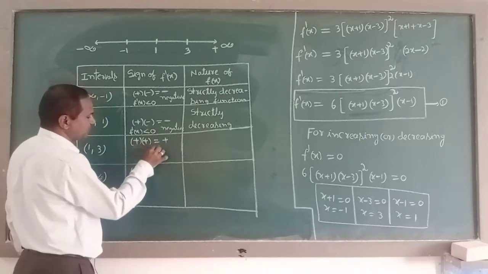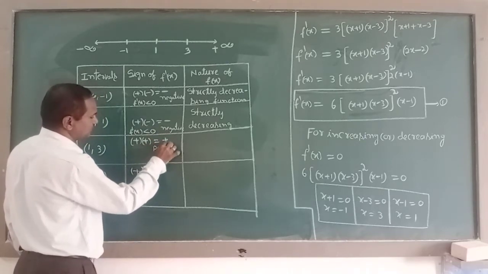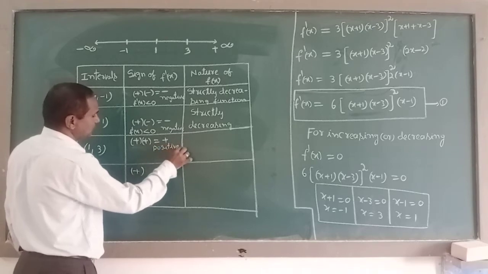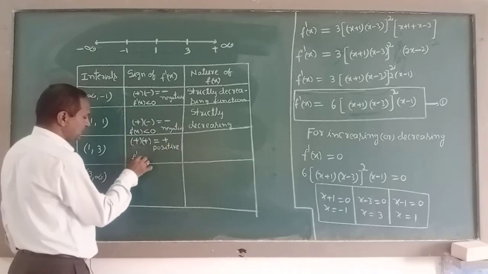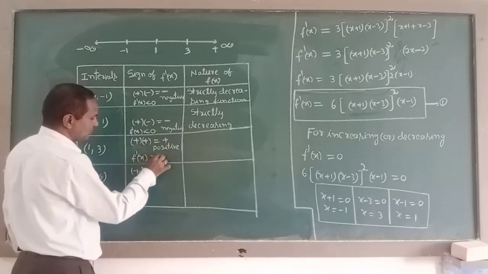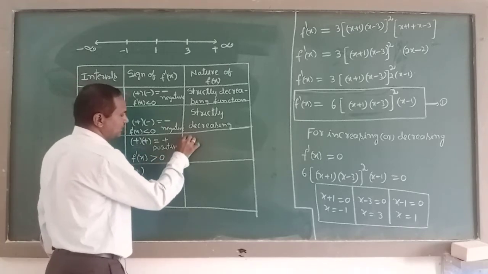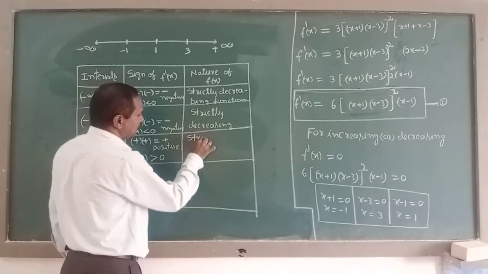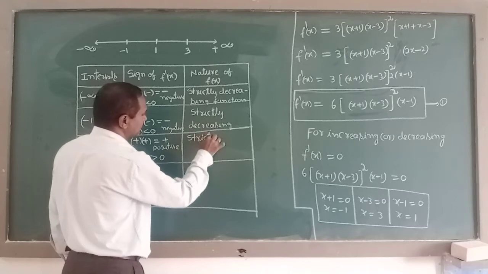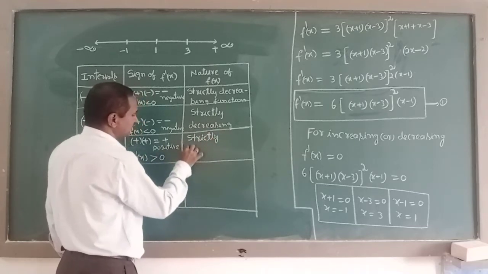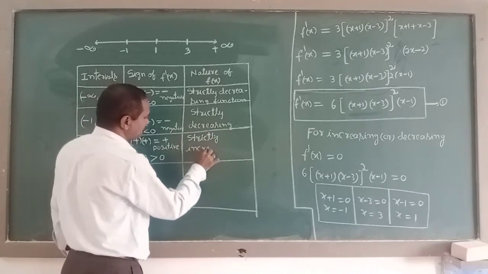Positive means f dash of x is greater than 0. Greater than 0 means we are calling this a strictly increasing function.